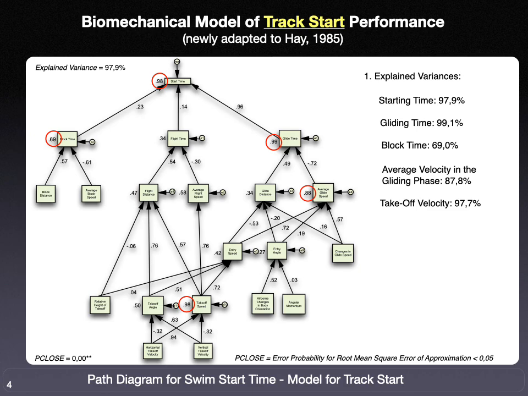In addition, arrows pointing to these criterion variables show the path coefficients as indicators of the strength of the prediction for the target variables.